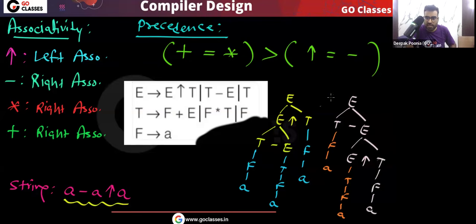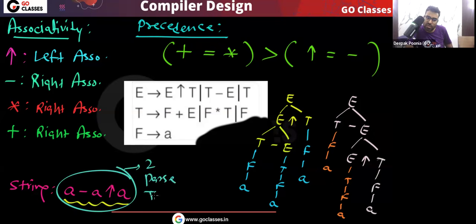So again you can see a minus a arrow a. That's it. For this string we have two parse trees.